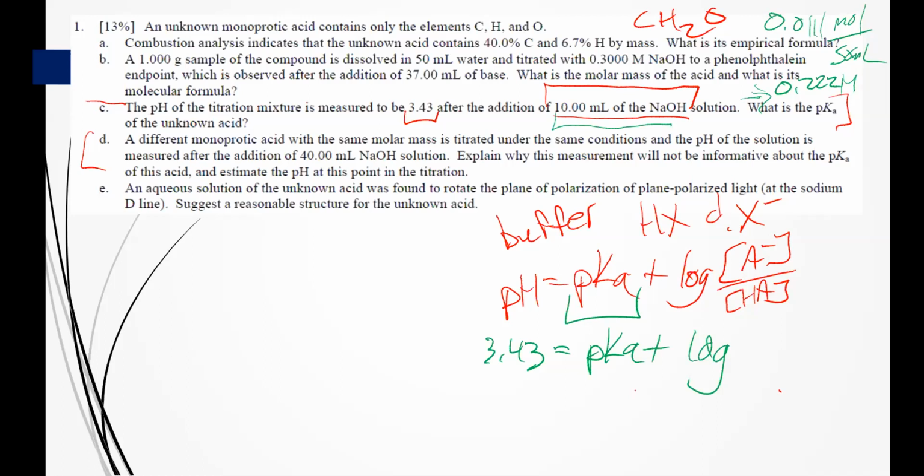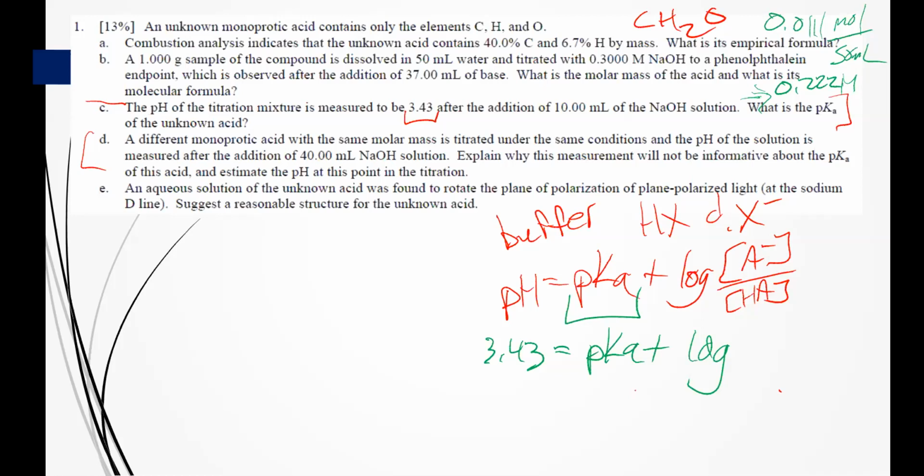But there's actually an easier way to think of them. How many milliliters of that sodium hydroxide do we need to titrate it to come to an equivalence point? 37 milliliters.